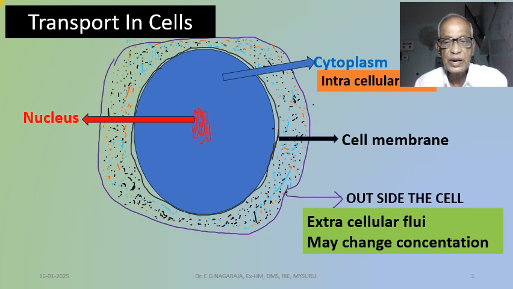Outside the plasma membrane you have another circle filled with small dots, and that is the exterior of the cell, or outside the cell.